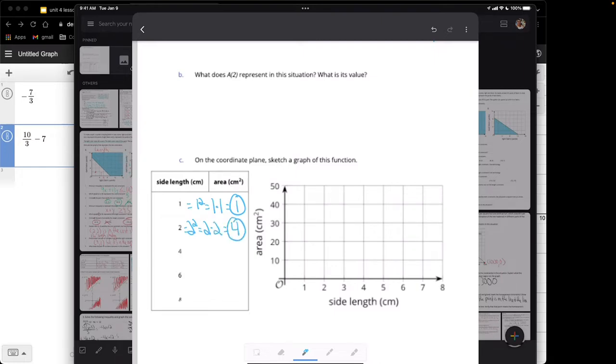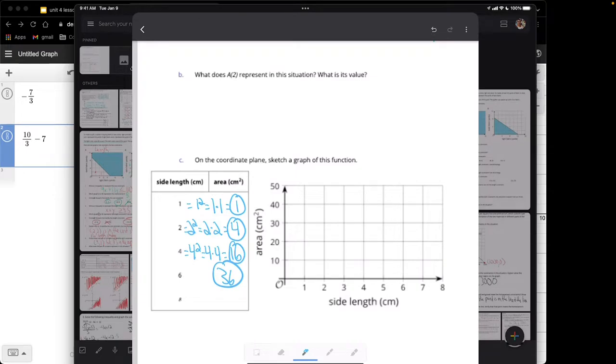So when the side length is 2, the area is 4. For 4, that's going to be 4 squared, which is 4 times 4, which is 16. Then 6 squared is 6 times 6, so that's going to be 36.